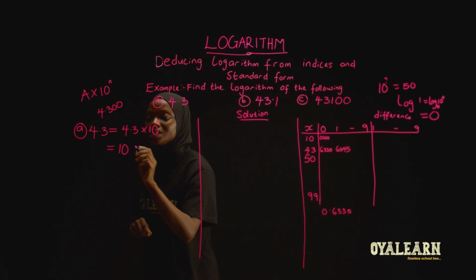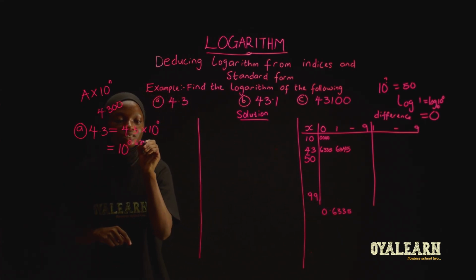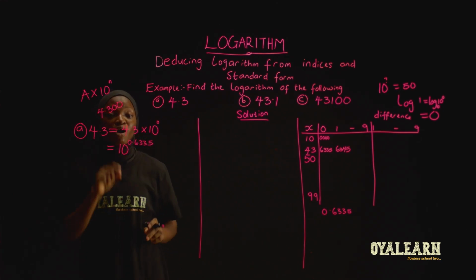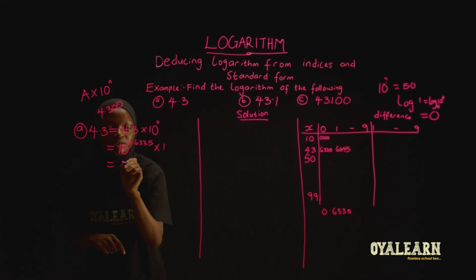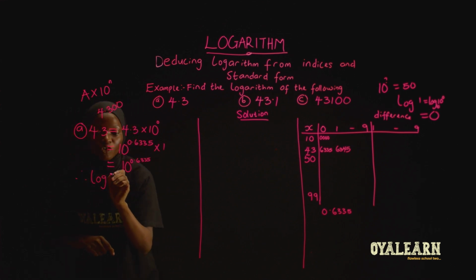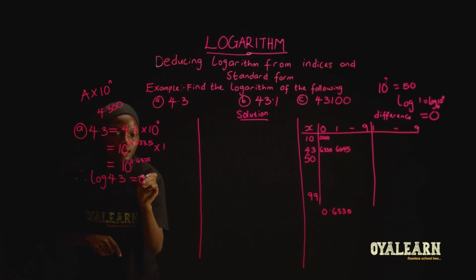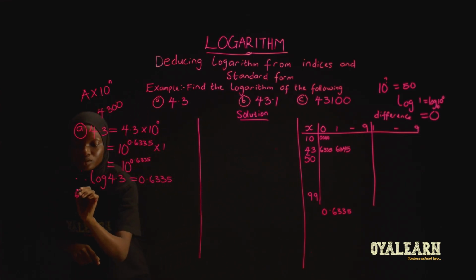So for 4.3, 10 raised to the power of 0.6335 would give us 4.3, then times 1. And here we have 10 raised to the power of 0.6335. Therefore, our logarithm for 4.3 equals just the power, 0.6335.